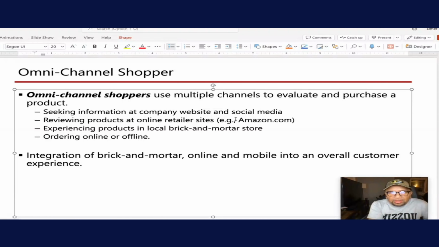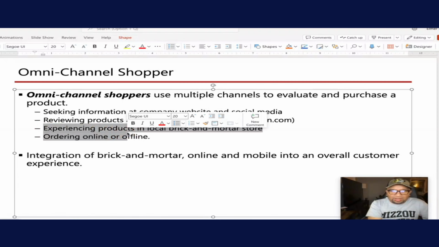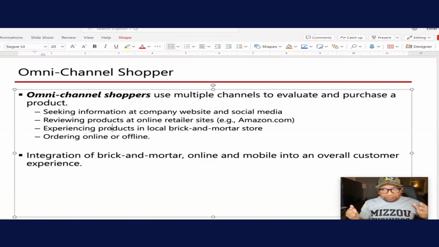Oh, and then as I've been talking about earlier, experiencing products in a local physical store. So there's that. Again, there's no substitute for that, right? If there's a place where you could do that, a lot of consumers feel that that's a great option.